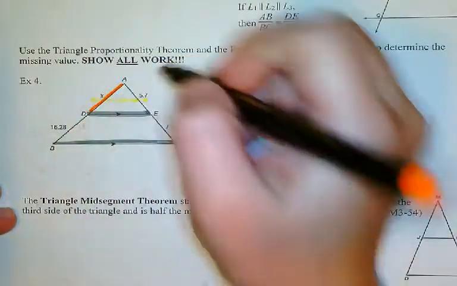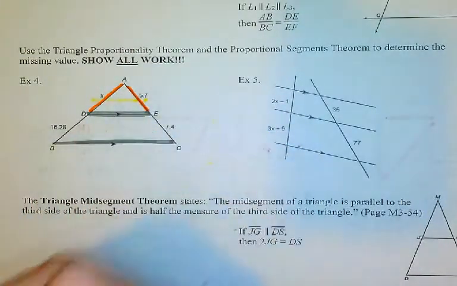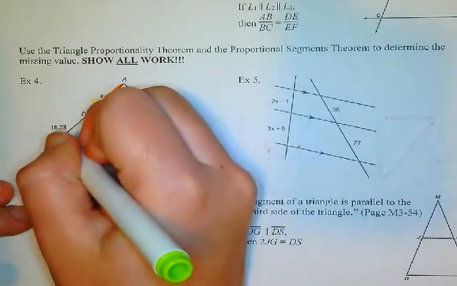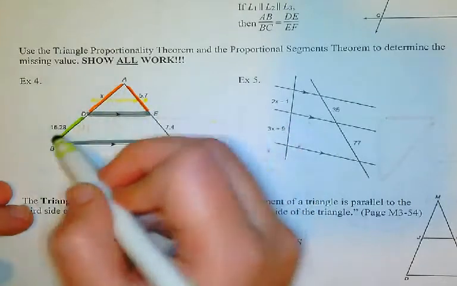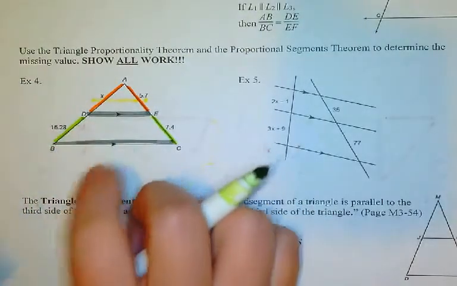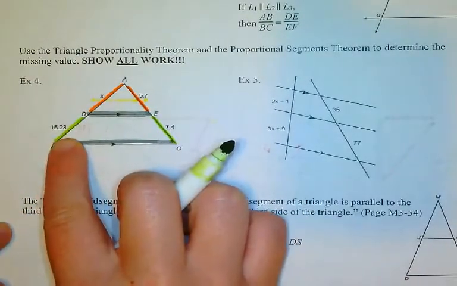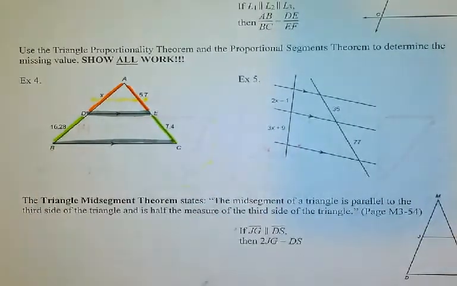My x and 5.7 all come from the same triangle, that small one. And then on the other side, the whole triangle side would be 16.28 plus x, but we're just setting up the proportion of x over 16.28. Alright, because these bases are parallel, we don't have to add anything here. It's just setting up your proportion. Alright, and then cross multiplying to solve for x, like what we're used to.